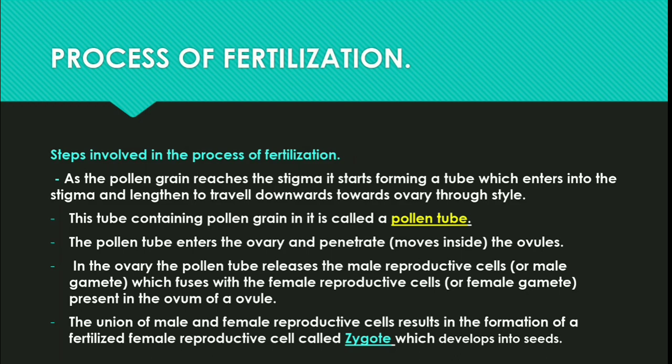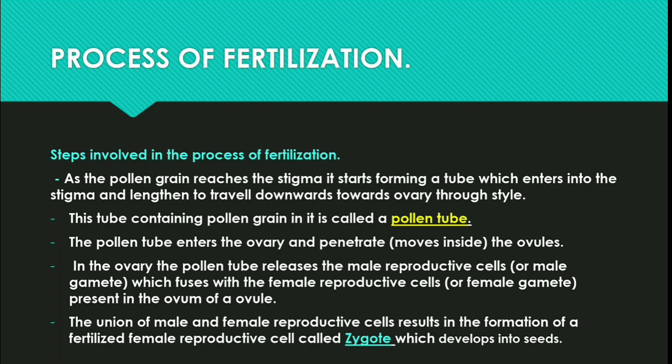What is the female reproductive cell over here? Ovule, the egg cell. Then the union of male and female reproductive cell results in the formation of a fertilized female reproductive cell called zygote, which develops into a seed.